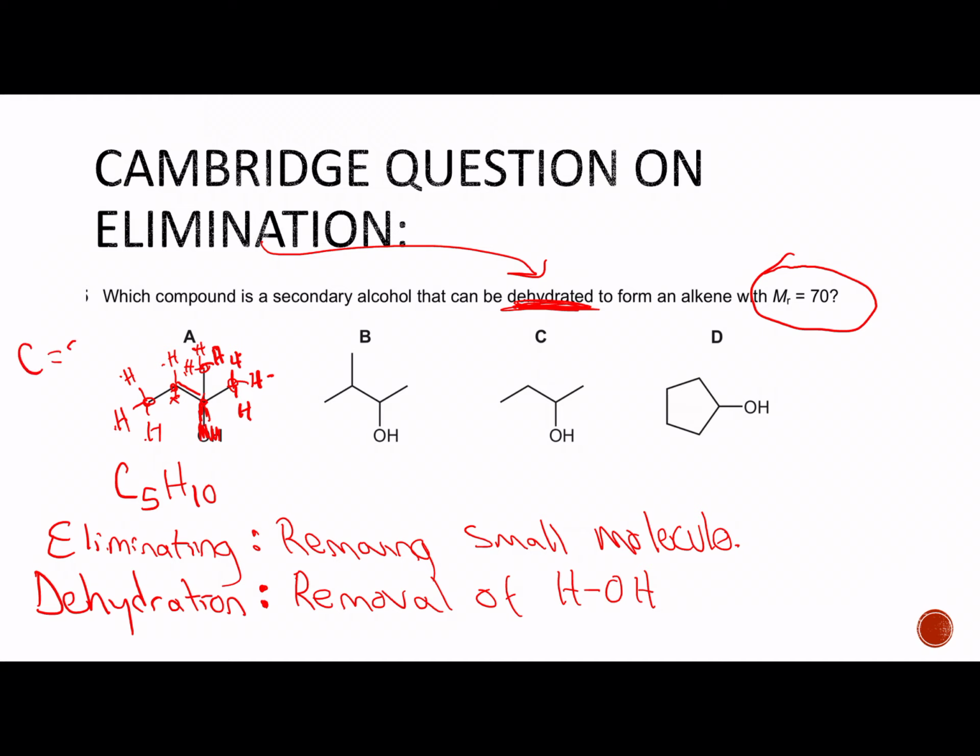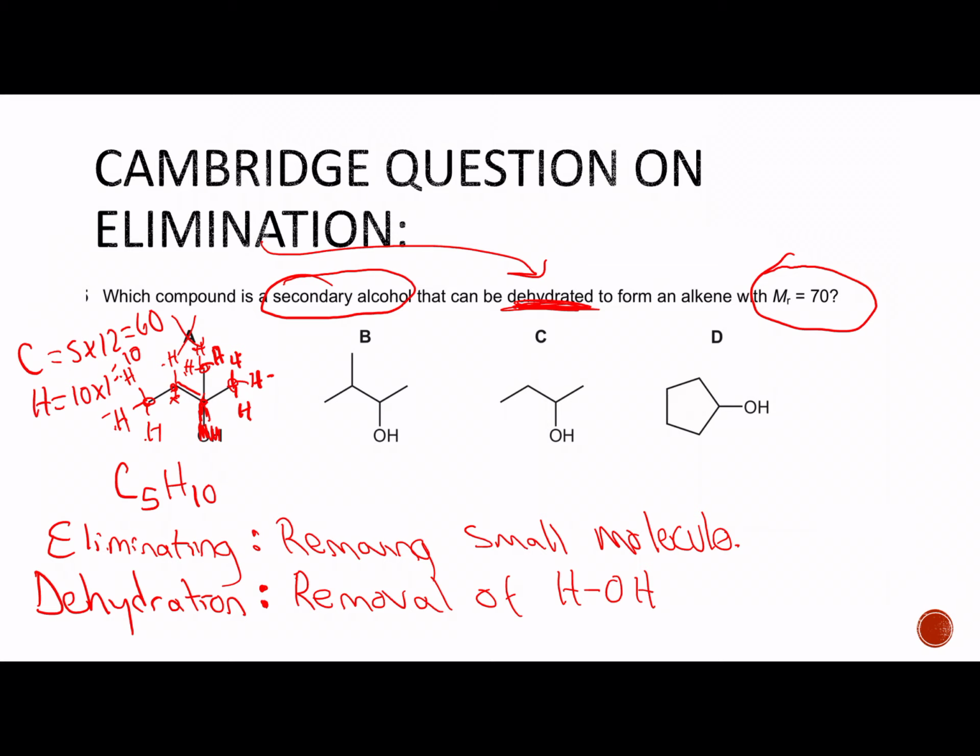C, 5 times 12 is 60. And H is 10 times 1 is 10, which adds up to 70. But this is not the answer, because it asks which compound is a secondary alcohol. So we want to take this option out.